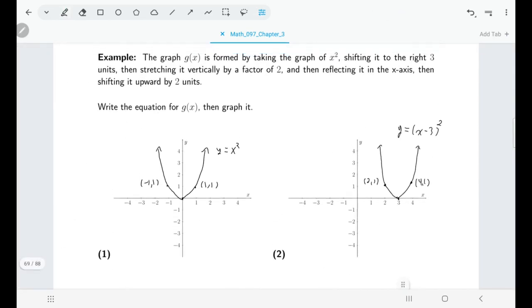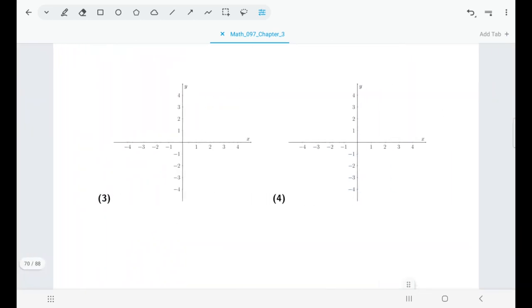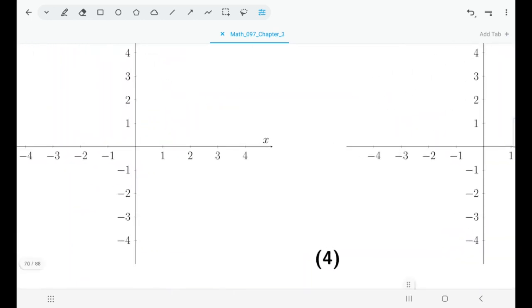So we've done part of our work. We've done the first transformation, the shifting to the right by 3. The next transformation, the stretch and flip, I'll do both of those at the same time. I'll multiply all of my y values by negative 2. So taking my last graph and multiplying all the y values by negative 2, instead of (4, 1), I'd have (4, negative 2). (3, 0) will stay where it is because when I multiply the y value 0 by anything, it stays as a 0.